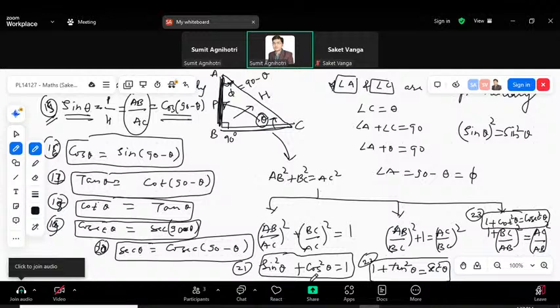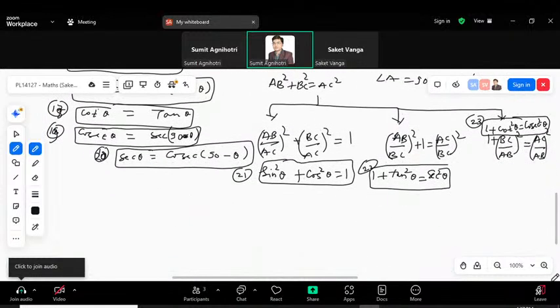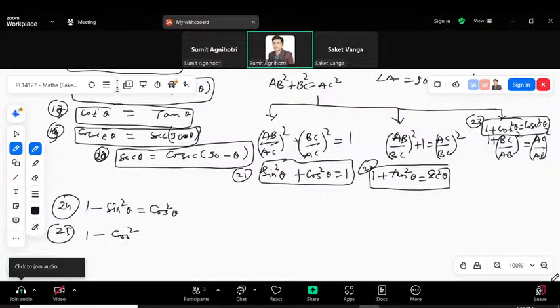Are you okay with this? Okay. If you want to take a screenshot, do it quickly. Not only these 23, we can even develop the 24th. This sin square theta plus cos square theta is 1. That's why 1 minus sin square theta becomes cos square theta. And that's why 1 minus cos square theta becomes sin square theta. And from the 22nd you can derive sec square theta minus tan square theta is 1.